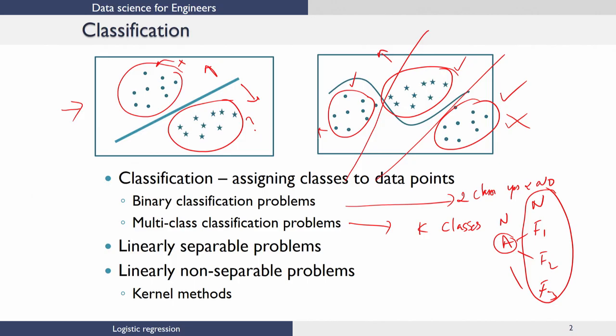So, whatever you do, if you try to come up with something like this, then these are points that would be misclassified. There is no way in which I can simply generate a hyperplane that would classify this data into 2 regions. However, this does not mean this is not a solvable problem. It only means that this problem is not linearly separable, or what I have called here linearly non-separable problems.